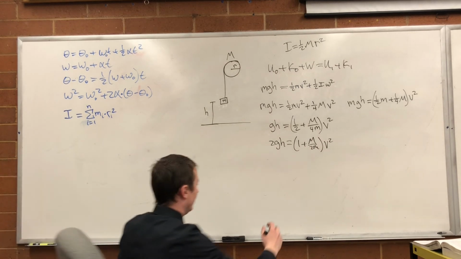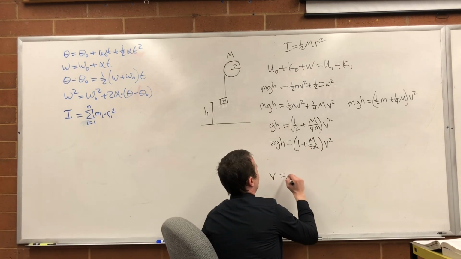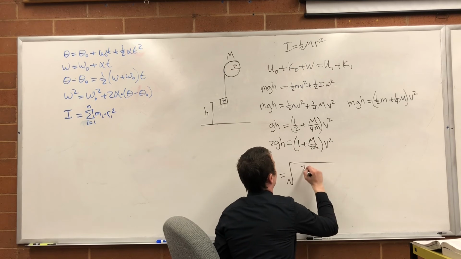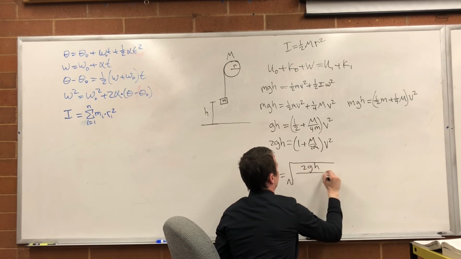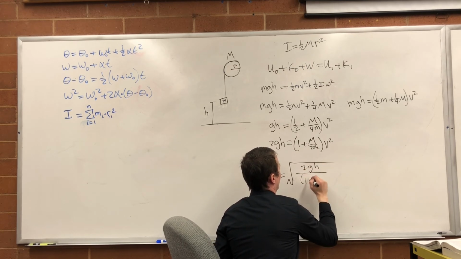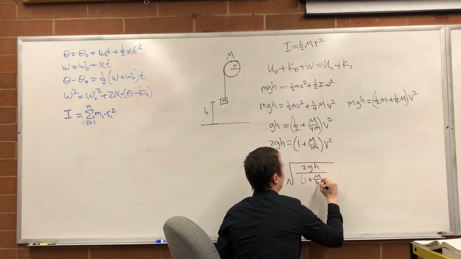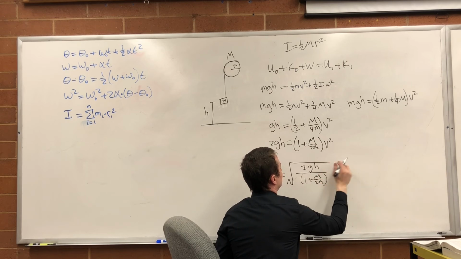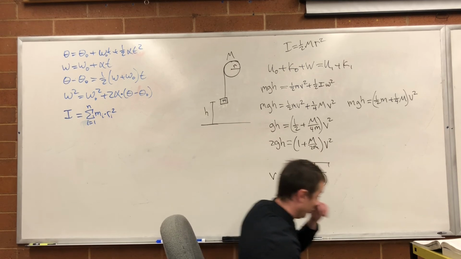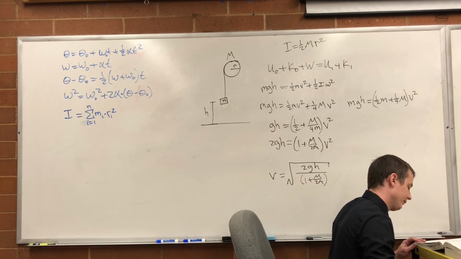So now v is equal to the square root of 2gh divided by 1 plus big M over 2 little m. And there's our expression for velocity.